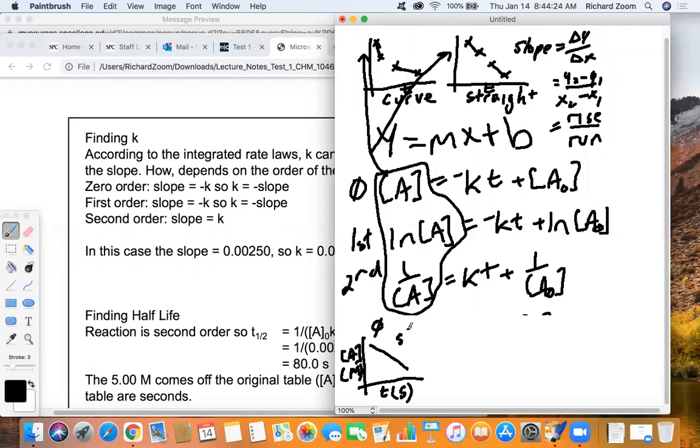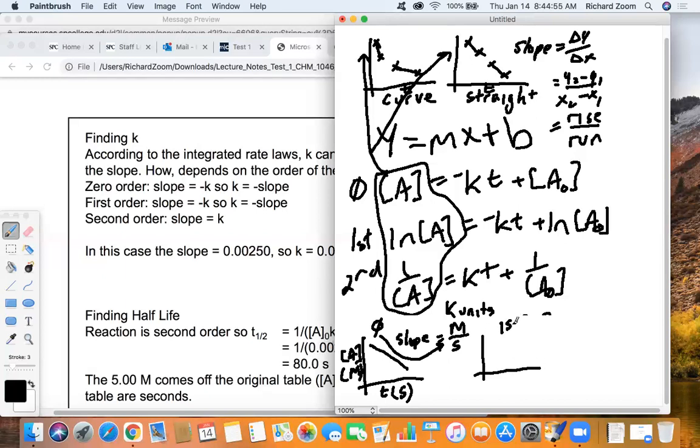The slope is going to be molar over seconds if we're just looking at the units. So that's going to be the unit for k. So these are k units we're looking at here. The unit for zero order is always going to be molar per second.